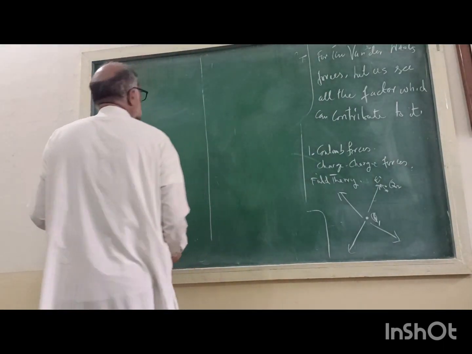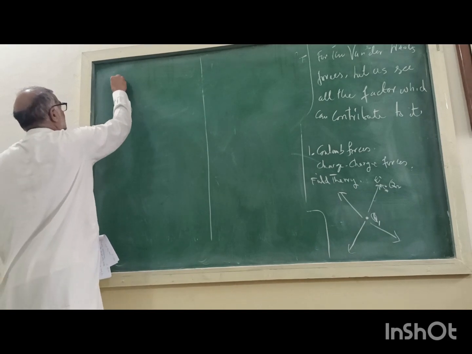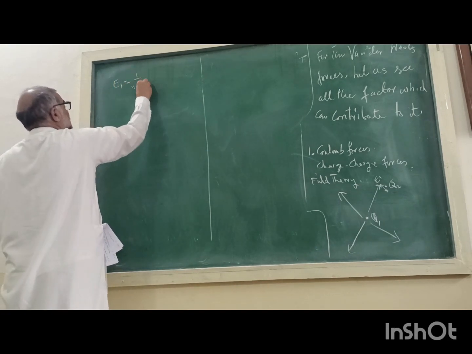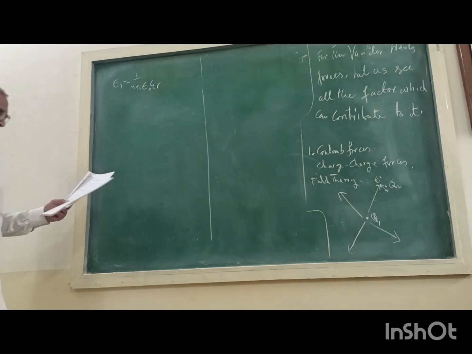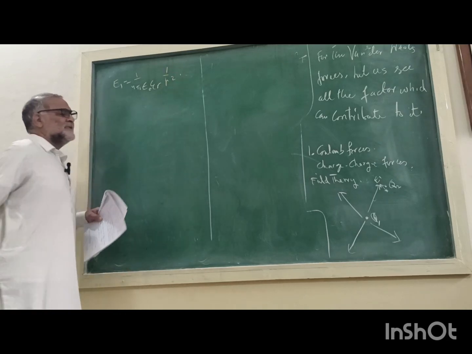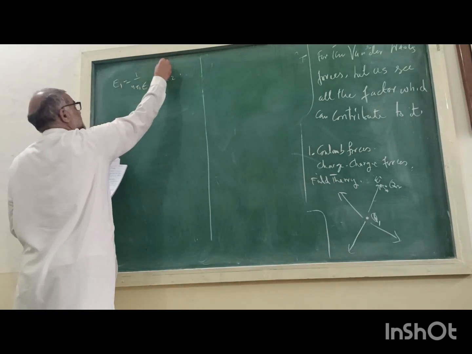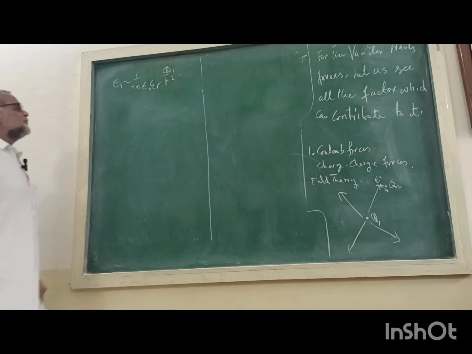So we say the electric field produced by this charge, E1, is equal to 1 over 4 pi epsilon naught, and epsilon r if we are in a medium, times Q1 over r square. That is the field.